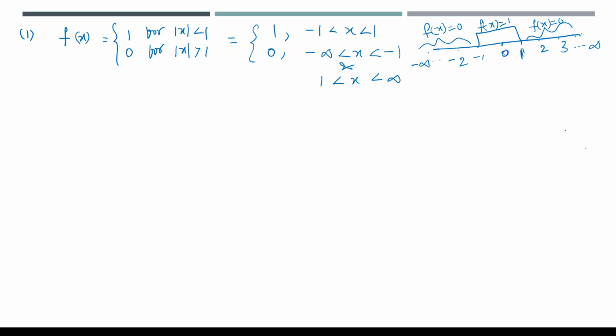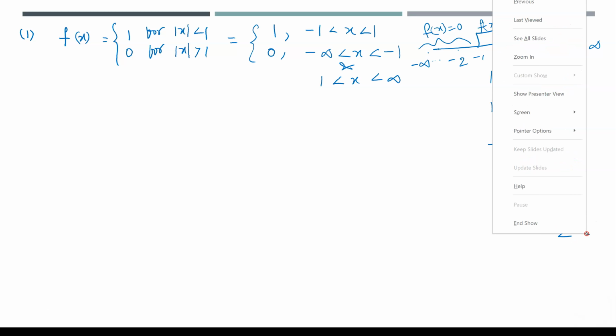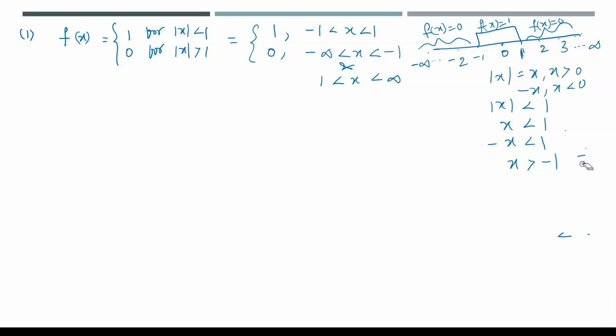Because |x| can be defined as |x| equal to x when x is greater than 0, and minus x when x is less than 0. So according to this definition, |x| less than 1 can be defined as x less than 1 and minus x less than 1. Minus x less than 1 means x greater than minus 1, which implies minus 1 is less than x.